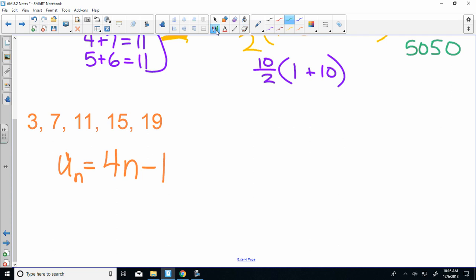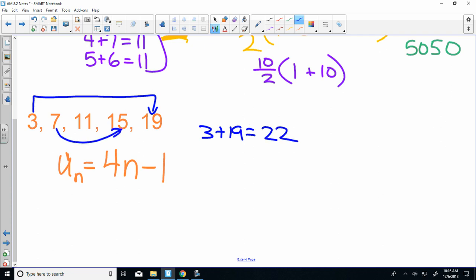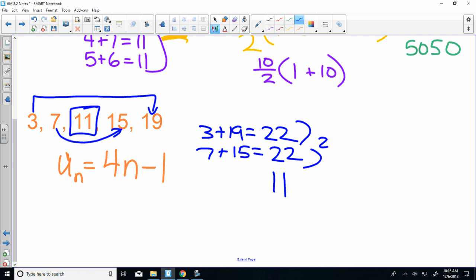Well, if you look at this, if you still take the first and the last term, 3 plus 19 is equal to 22. 7 plus 15 is equal to 22. And then you will have this lone term left over. And hey, 11. How is 11 related to 22? Well, it's half of it. So you have two 22s and a half of a 22.